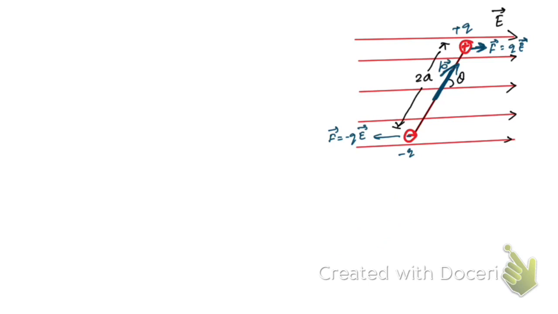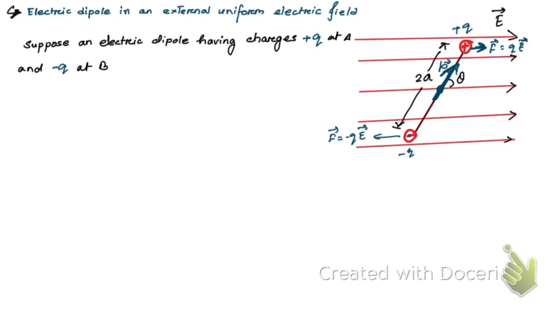So let me write what I have considered here. I have considered a dipole which is placed in a uniform electric field. This is E, and the angle between the field and the dipole is theta. Here we have considered that this plus q charge is at the point A, suppose.